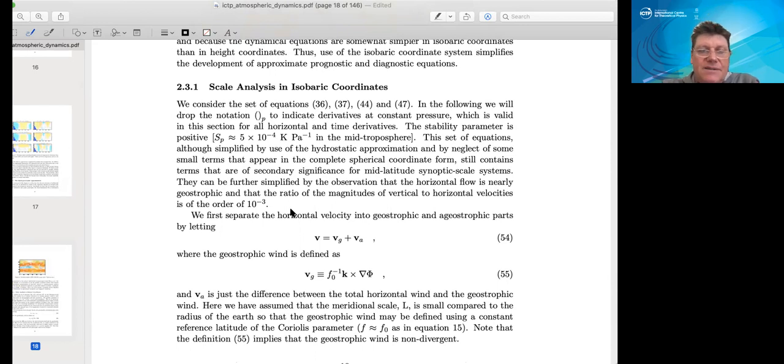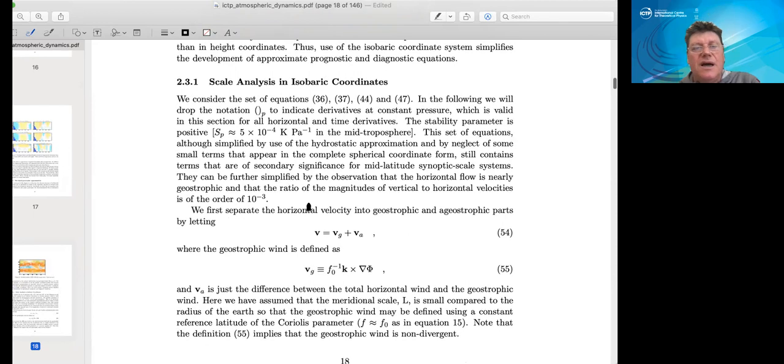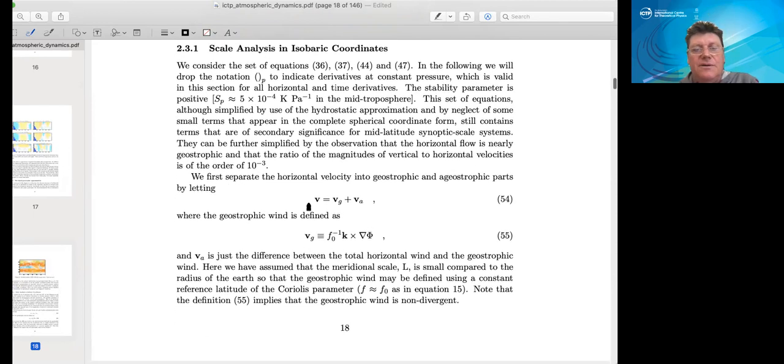We do it based on the system of equations derived for isobaric coordinates, the pressure coordinate system. We use the set of equations we have just derived to make this analysis and derive a simpler set of equations that can be used to understand some features of the general circulation.